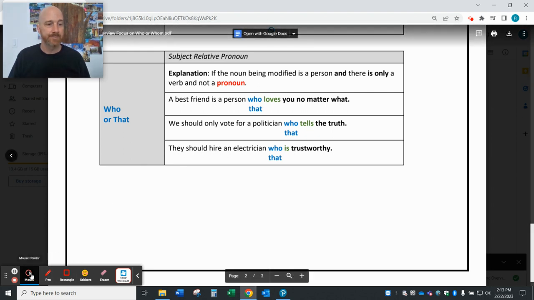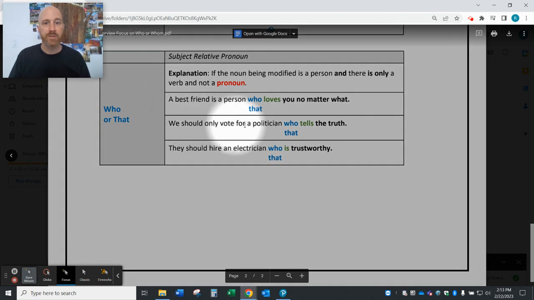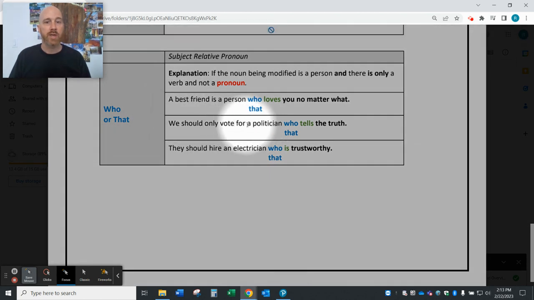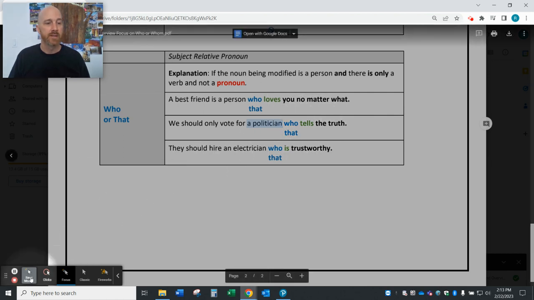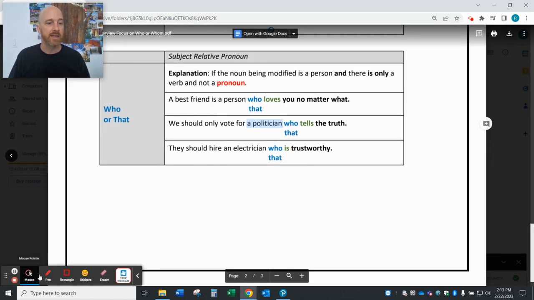Another example, we should only vote for a politician. What kind of politician? A politician who tells the truth. There is only a verb here, not a pronoun and a verb, so I cannot use whom. Again, I can use that. And one last one. They should hire an electrician. What kind of electrician? An electrician who is trustworthy.